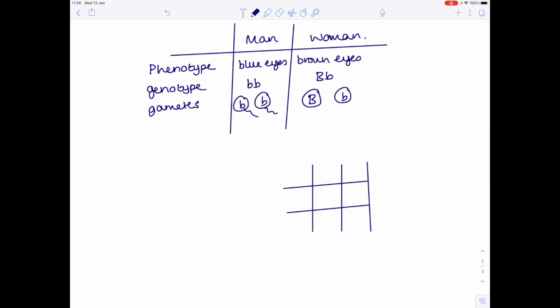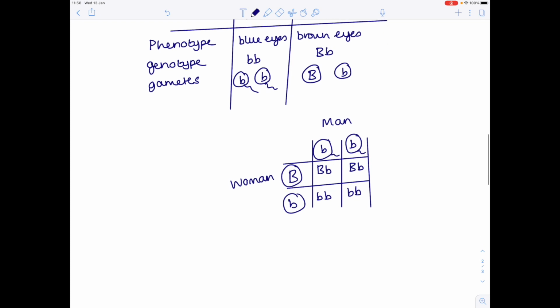And now we're ready for the all-important Punnett square. Doesn't matter which way around you do this, but let's add those gametes. So there's the man's sperm, here's the woman's eggs. So this offspring will be big B, small b, this offspring will be the same, this offspring will be homozygous recessive, and the same with this offspring. So now whatever you do, make sure you link your outcomes' phenotype with their genotype, so we can see that both of these offspring will have brown eyes.